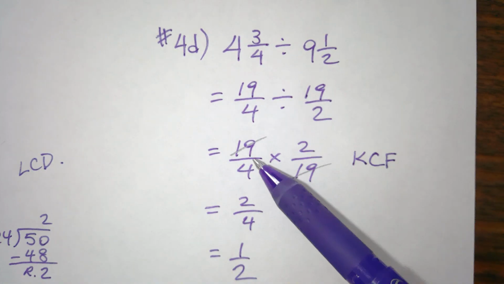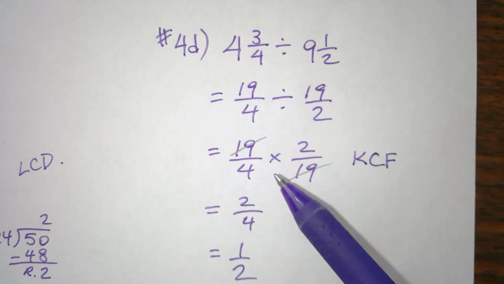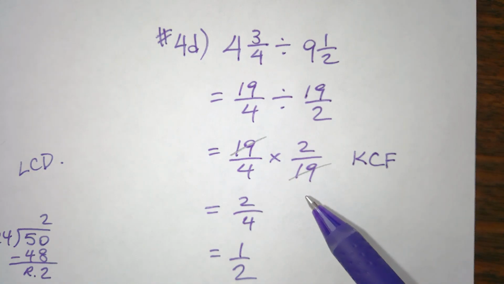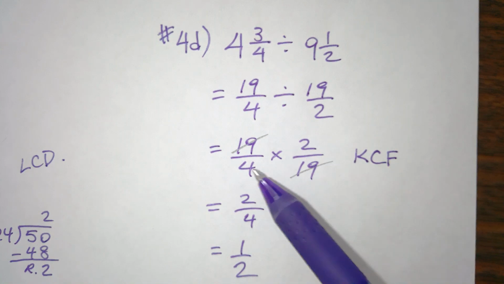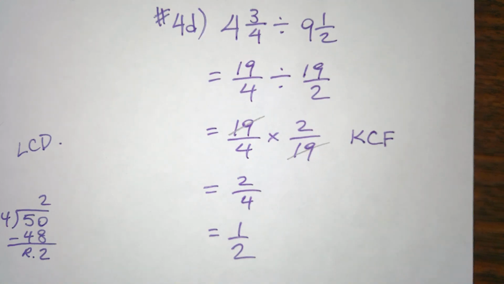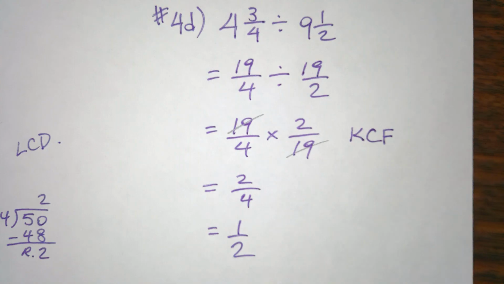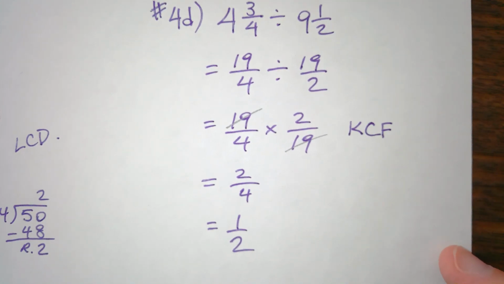So keep the first fraction, change the sign, and then flip the second fraction. Once you do that, I see that 19 and 19, they cancel out because one's in the numerator, one's in the denominator. So then it's 2 over 4, or simply just 1 over 2. On the test, you have to reduce. If you don't reduce, you do lose half a mark because it's not a lowest final answer. Okay.